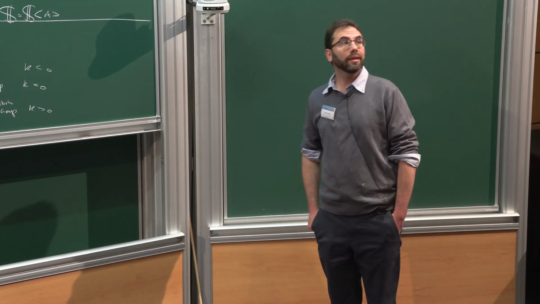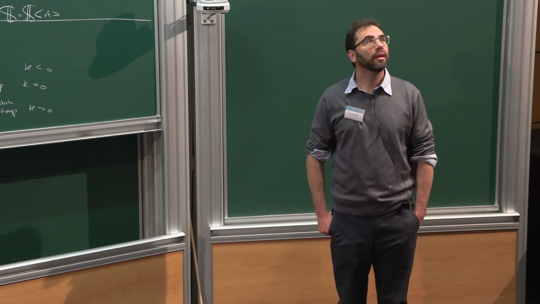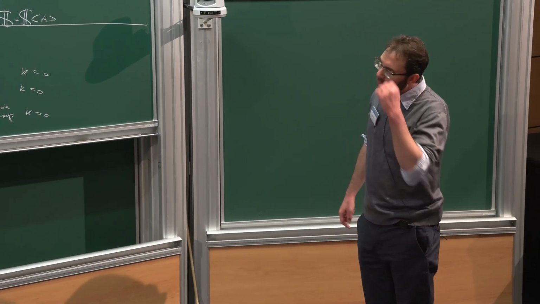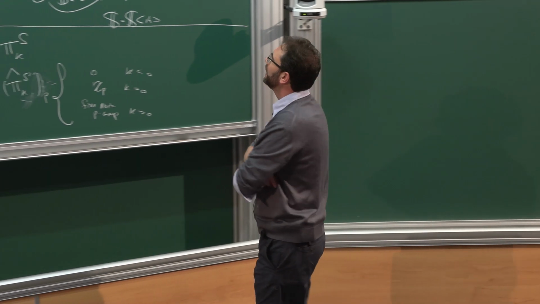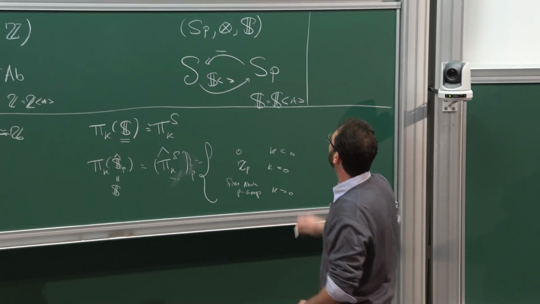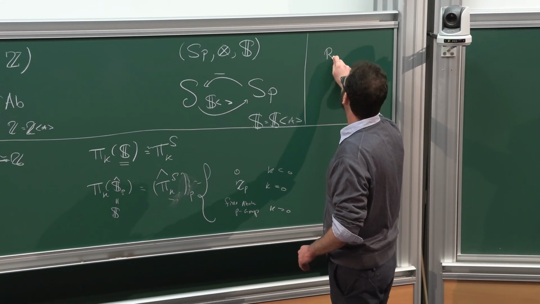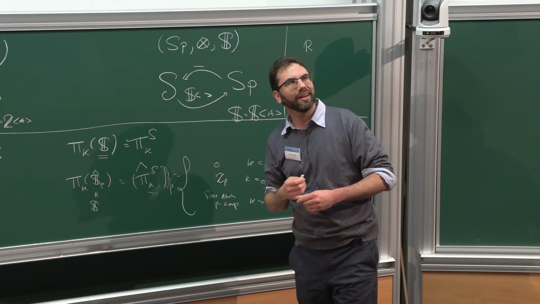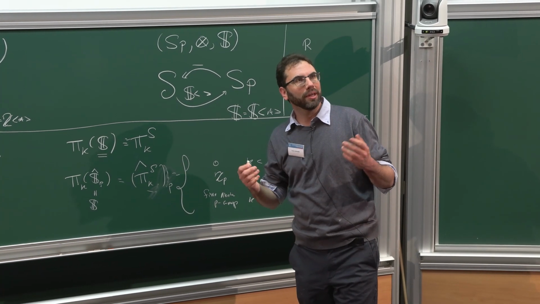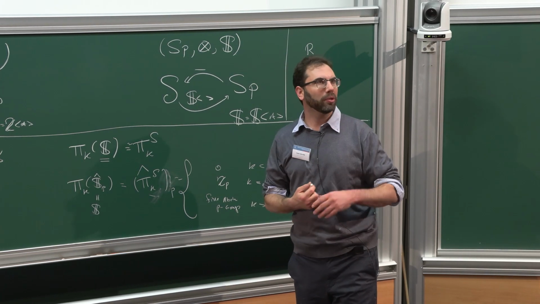Other questions? Ring is what some people call an infinity ring. I was vague on purpose. For what we're talking about, let's just say that the ring is a spectrum together with a homotopy associative multiplication, and homotopy commutative as well. That would be enough for what we want.